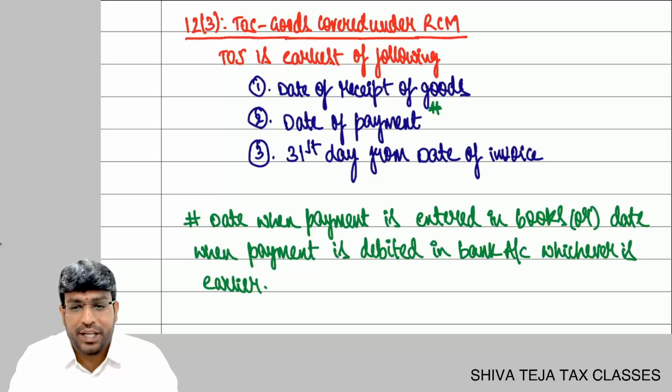Earliest of the following: date of receipt of goods, date of payment, and 31st day from date of invoice. Of these three dates, whichever is earlier is going to become the time of supply.